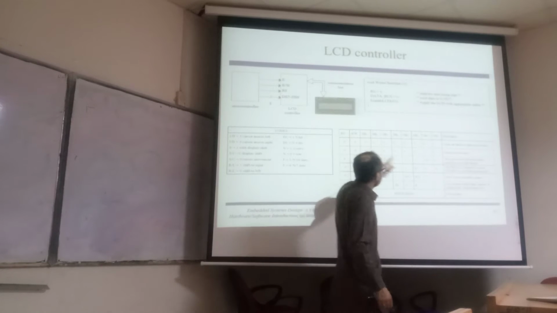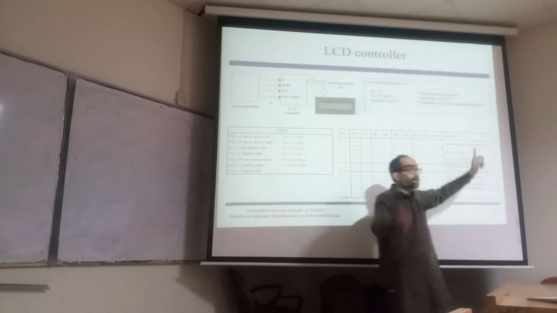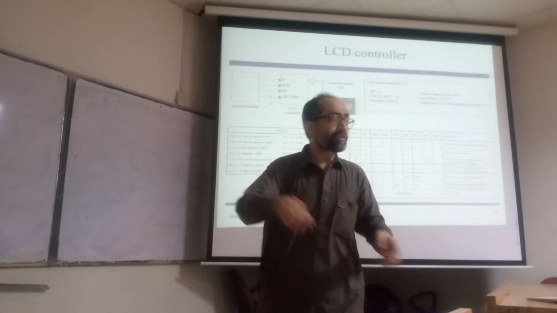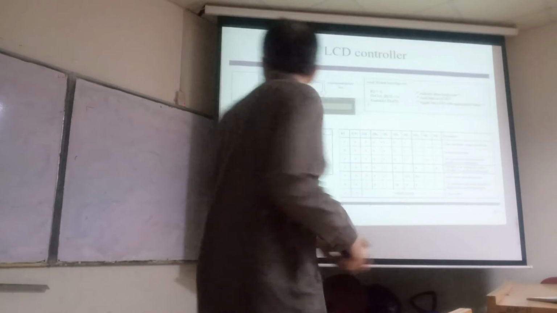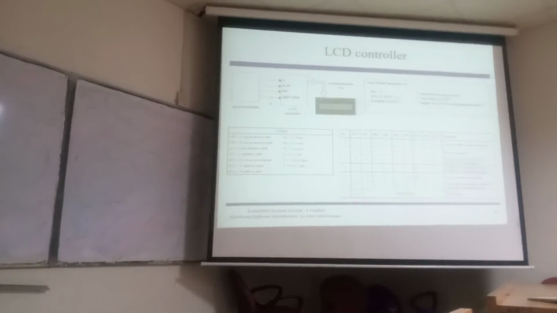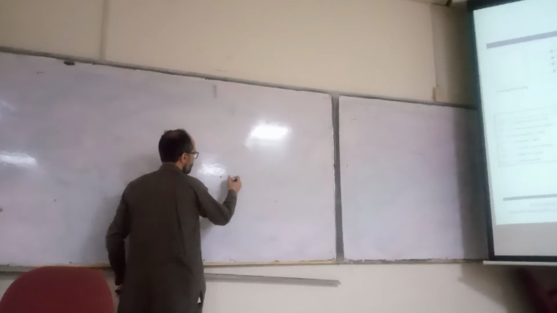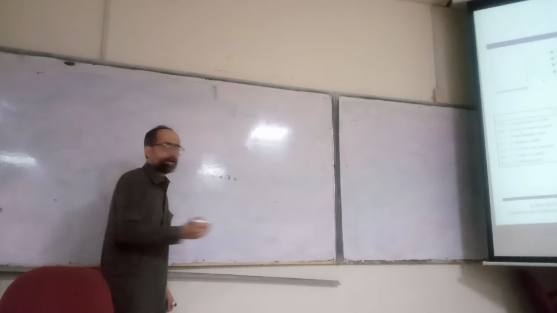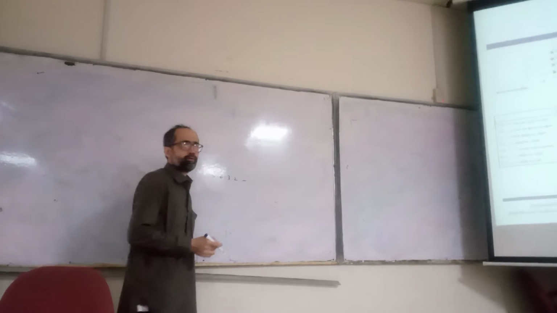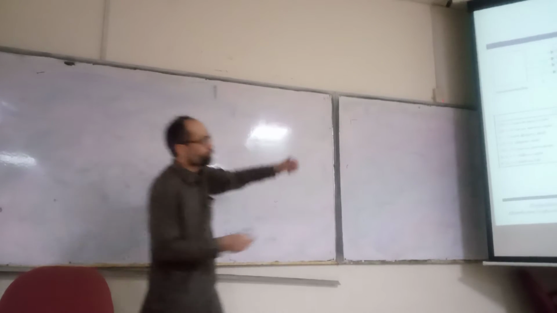Now, if you look at here, it will return cursor home, but it will not clear the display. In the first example, let's assume we have an LCD, this 5, 6, 3, 2 is displayed here, and the cursor is here. When you send this set of commands, what will happen?